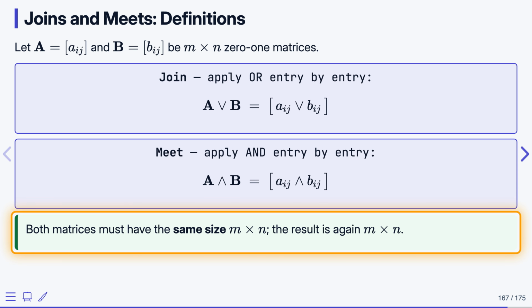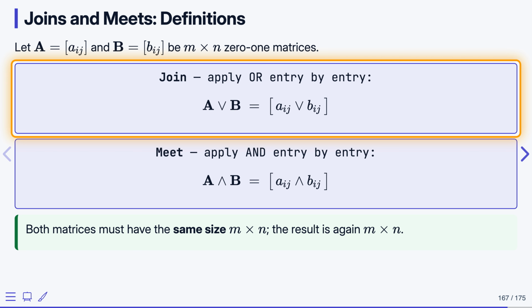Now the definitions of join and meet for two 0-1 matrices. Let A and B both be m by n 0-1 matrices. They must have the same number of rows and the same number of columns. The join of A and B, written with the down-pointing wedge, is a new 0-1 matrix. Its entry in row i, column j is a sub ij join b sub ij, so we apply the "or" rule to each matching pair of entries.